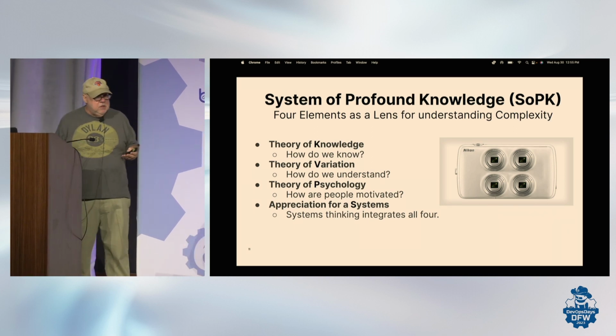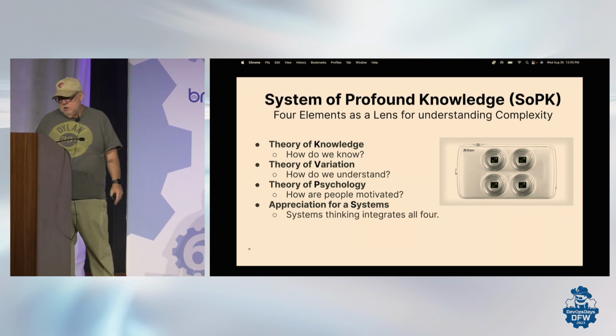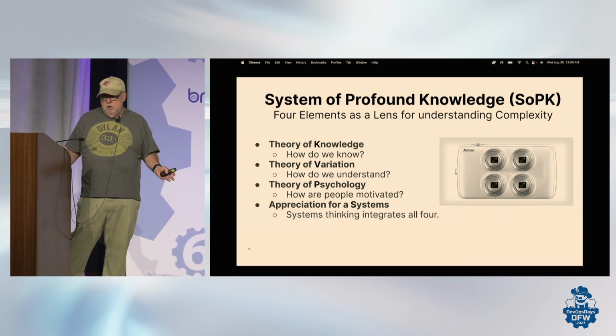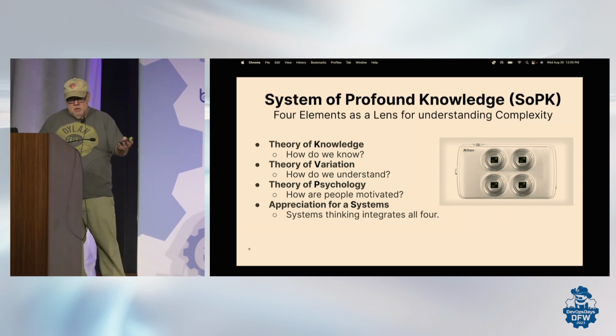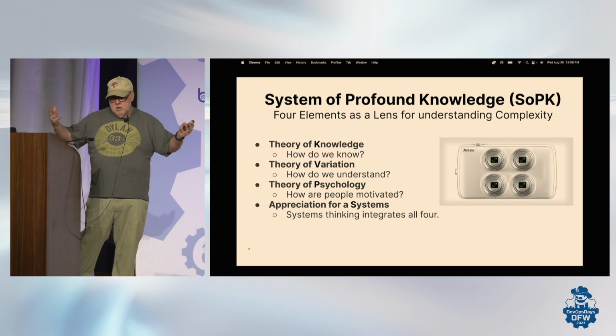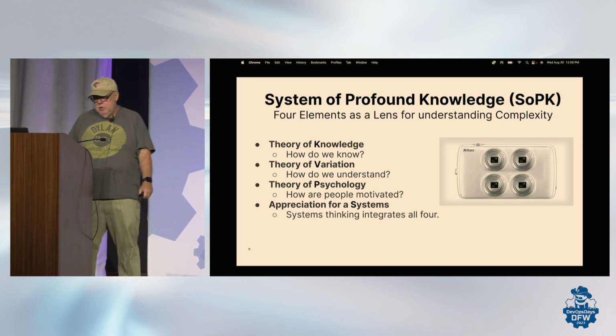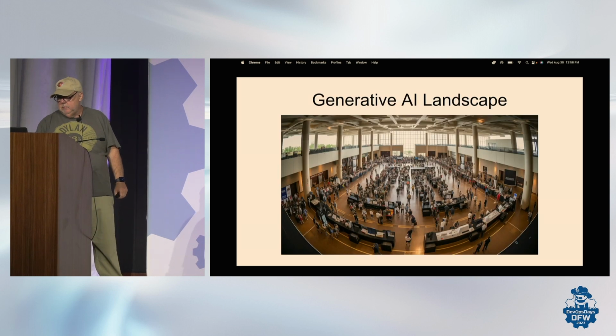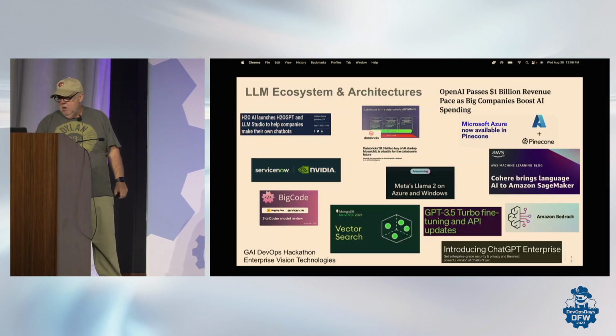Theory of variation, statistical analysis; you might have heard of statistical process control. If you get all that right, you're still going to get it wrong if you don't understand human behavior: intrinsic motivation, extrinsic motivation, cognitive biases. And then, of course, the wrapper is systems thinking, the core of anything we produce and try to handle with complex systems. Enough about Deming. See, the pictures are getting a little better, huh?